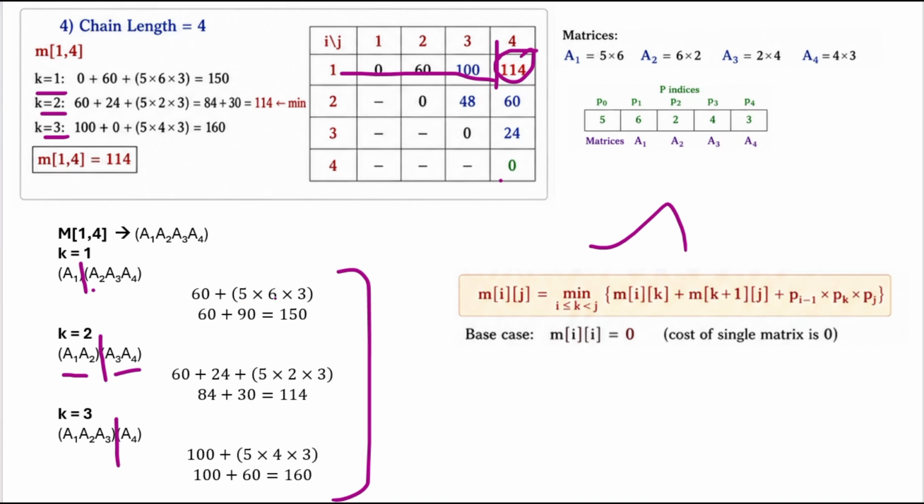Right? Then perform 5 into 6 into 3. So A1 matrix dimension is 5 into 6. A2 matrix dimension is 6 into 2. Okay, and 23. They simply use this formula or manually fill all those details in the table. Clear?